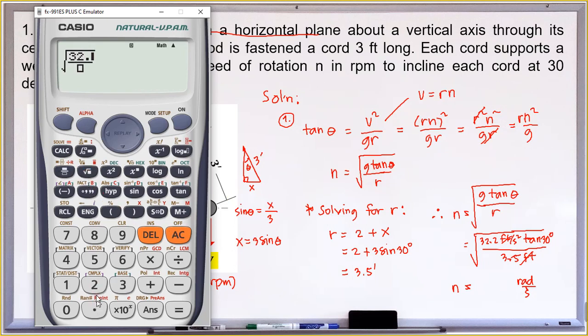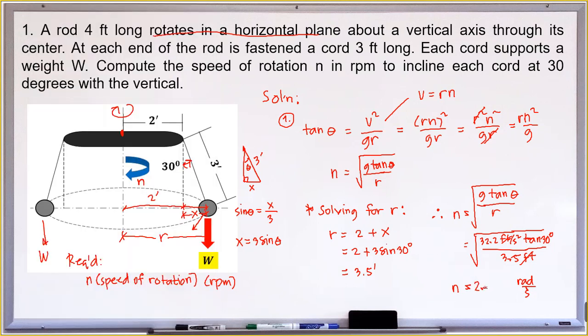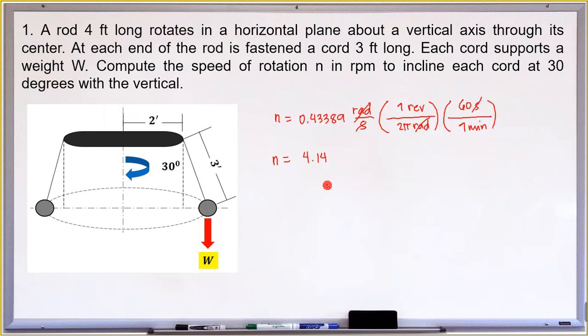We have the square root of 32.2 tangent of 30 over 3.5, which is 2.3047. Therefore this is the corrected value before the final answer.